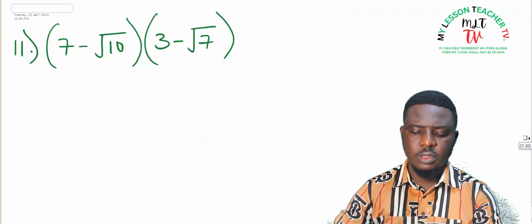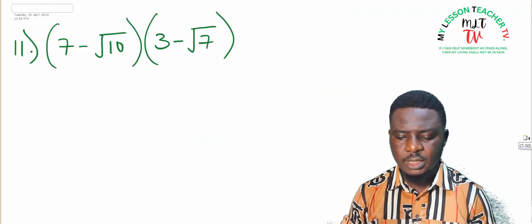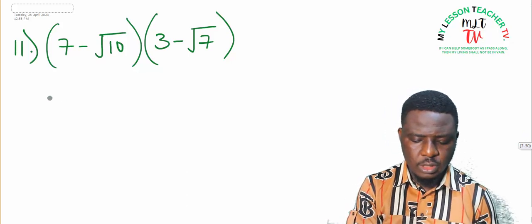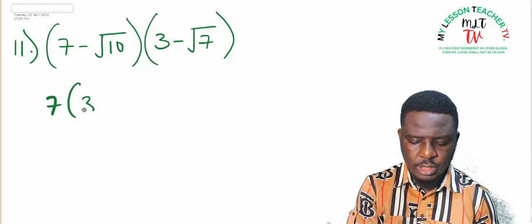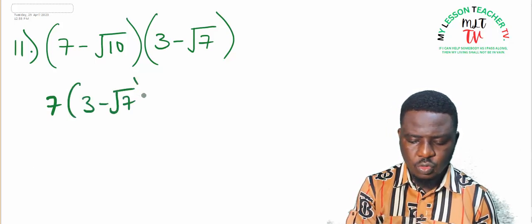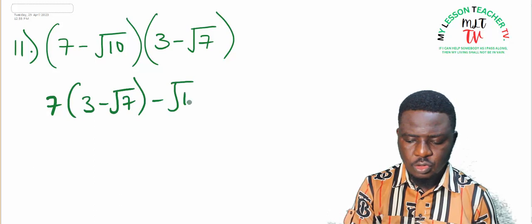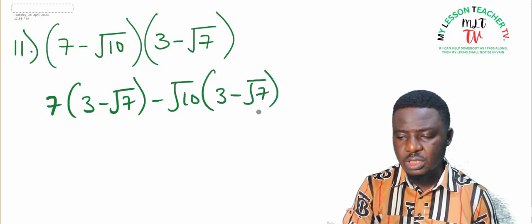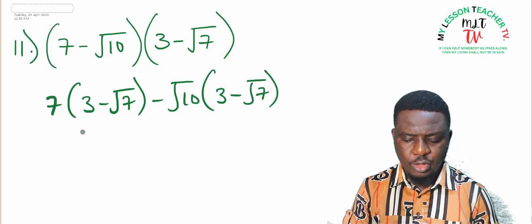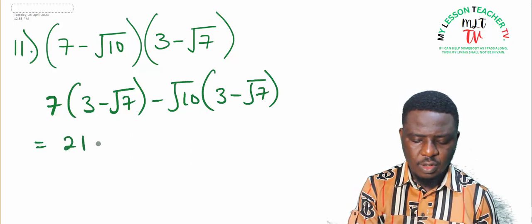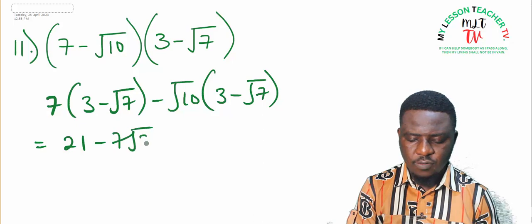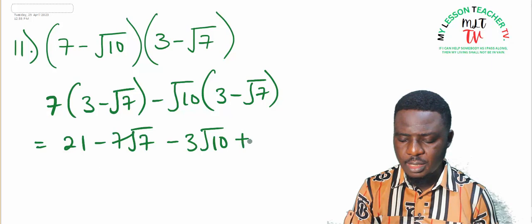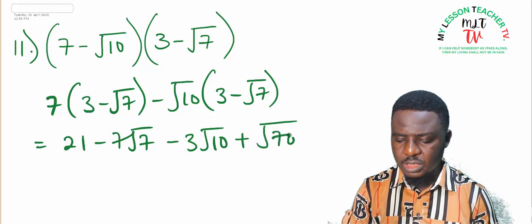Question 11, bracket 7 minus root 10 to multiply 3 minus root 7. This gives us 7 into 3 minus root 7 minus root 10 into 3 minus root 7. When you simplify this, you have 21 minus 7 root 7 minus 3 root 10 plus root 70.